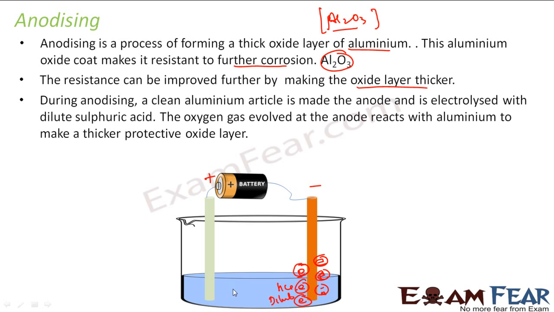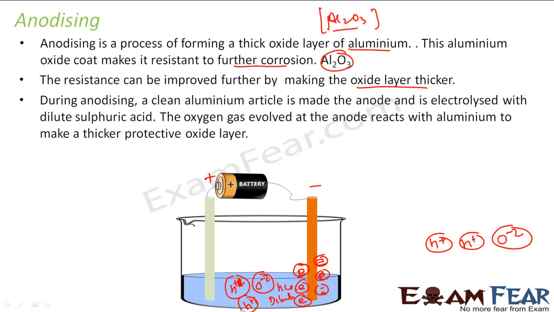Now this water will break into hydrogen plus 1 and oxygen minus 2. So there will be 2 hydrogen plus 1 for every oxygen. Water will break like this, into hydrogen ions and oxygen ions.